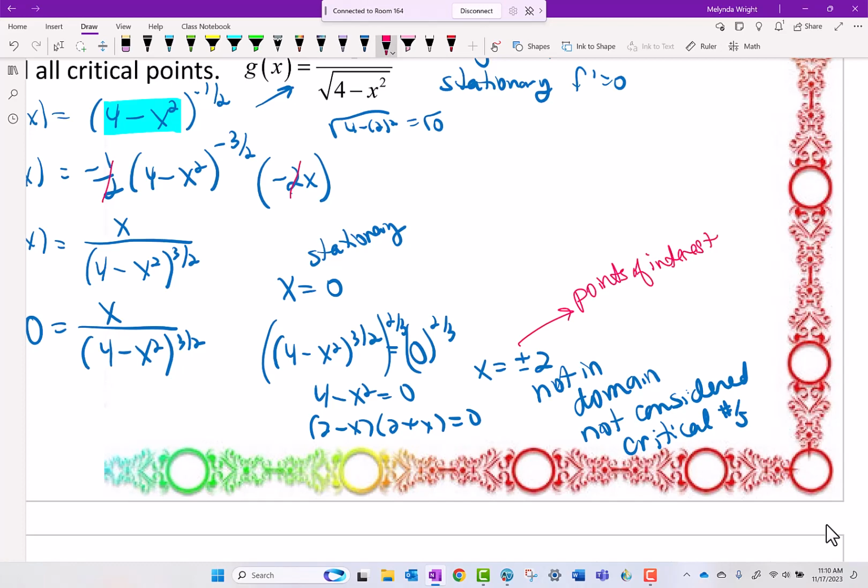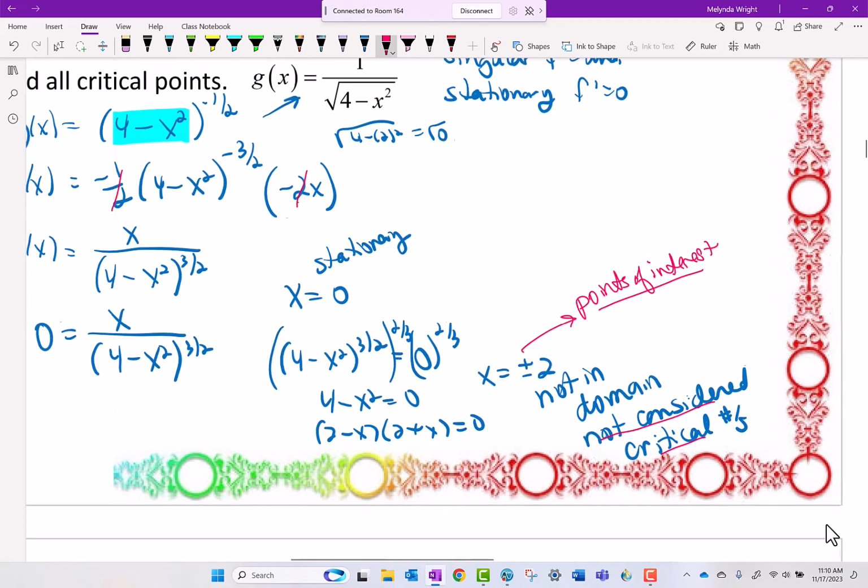Why would we be interested in them? Because they're where the original function doesn't exist. We should be interested in them. They're just not considered critical numbers, but we are interested in them. And we'll learn later why we would be interested in them. Is that okay? Are we good?